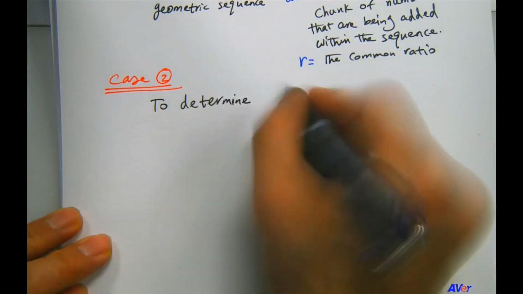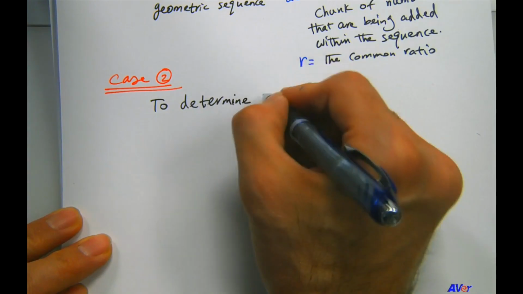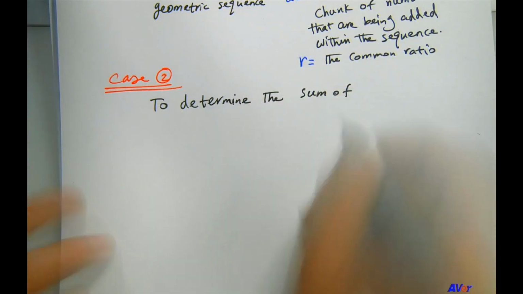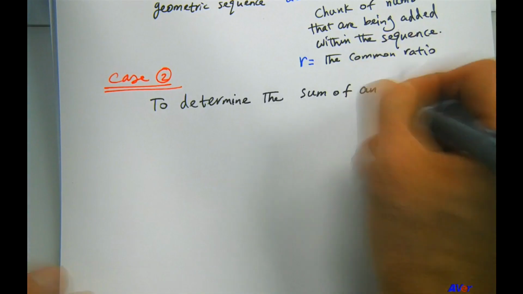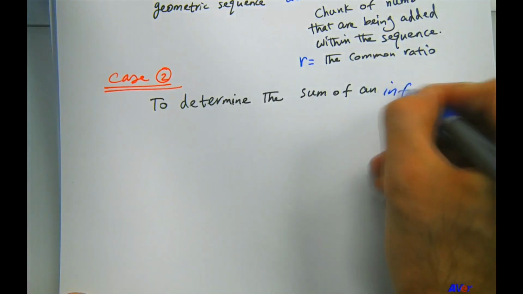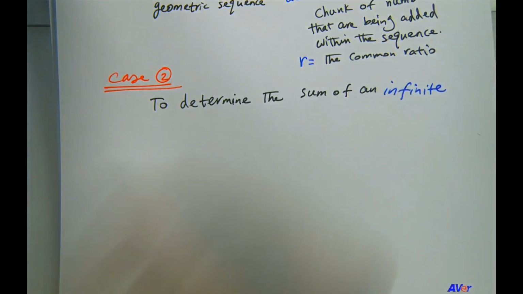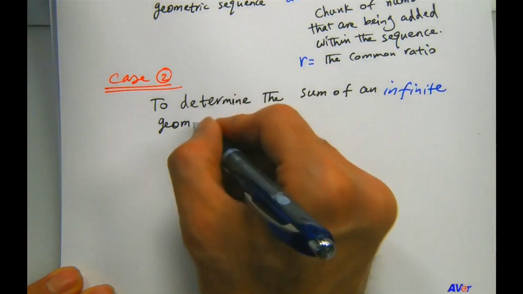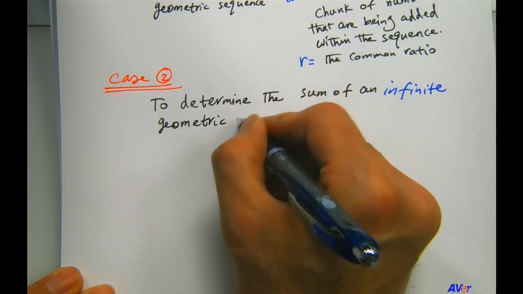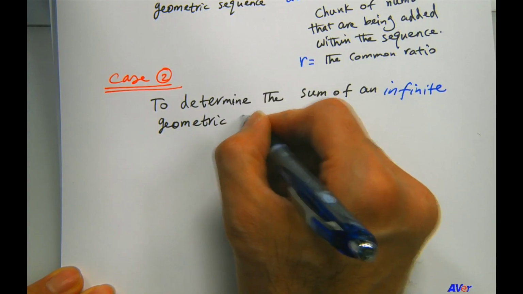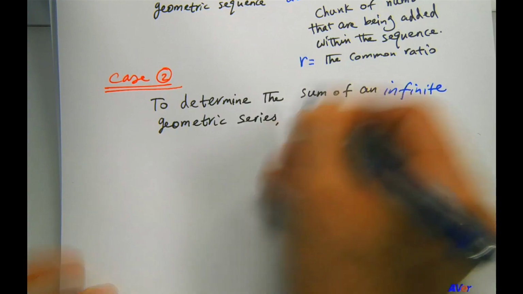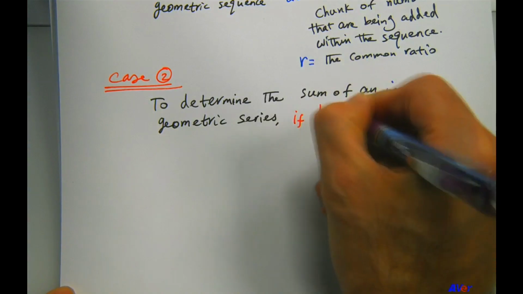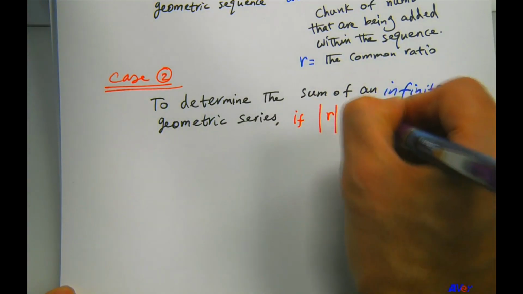So to determine the sum of an infinite geometric series, this is the critical part, if the absolute value of r is less than 1.